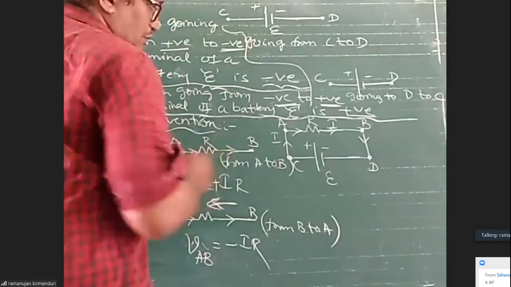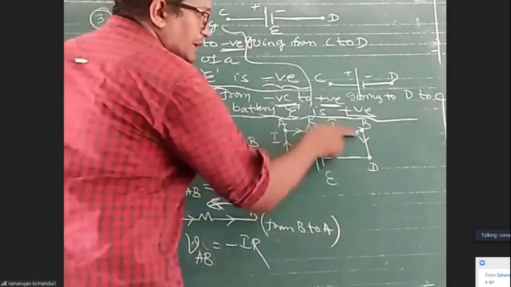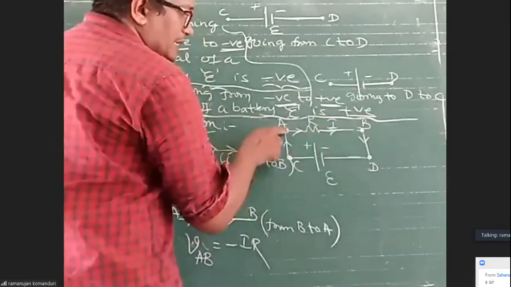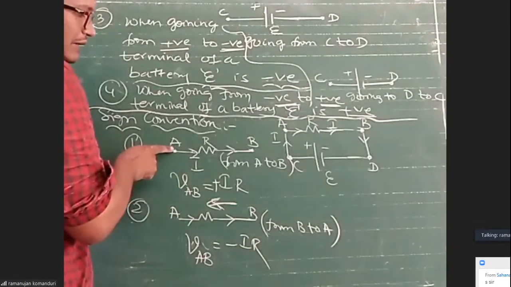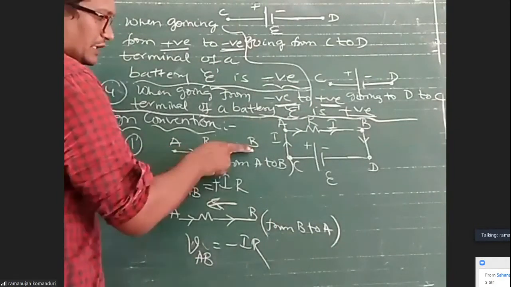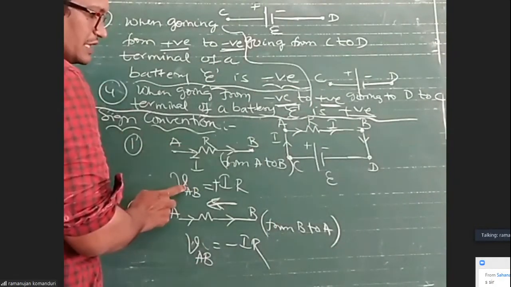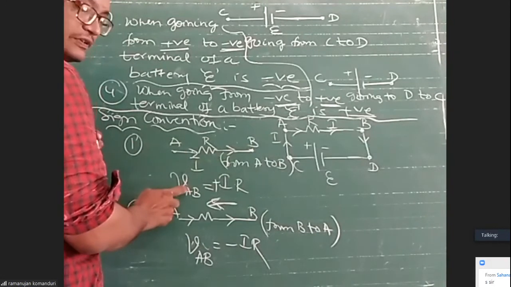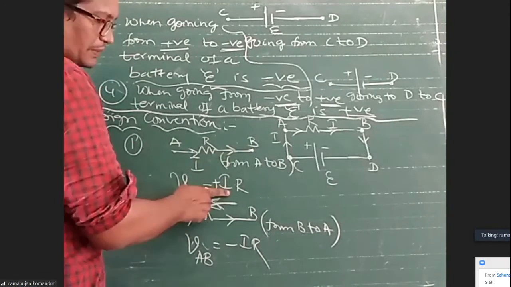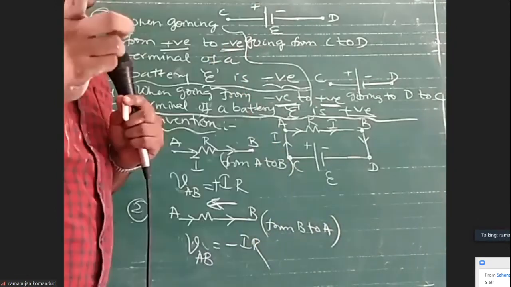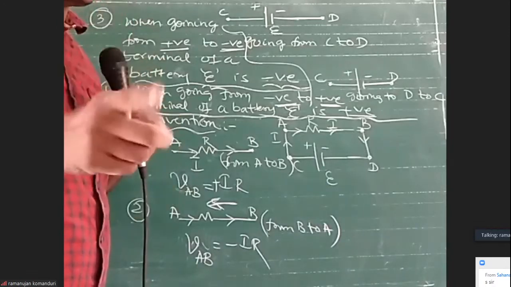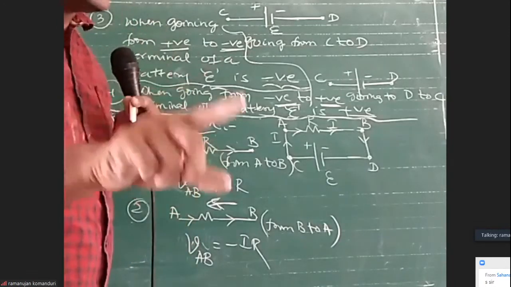From A to B, when you are traveling from A to B, you are traveling along with the current. The textbook said to take the value of this as positive, is it not? Plus IR. Now, it said that the algebraic sum of the EMFs and potential differences in a closed loop is equal to 0.